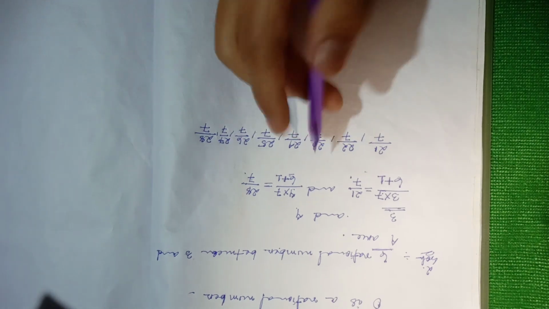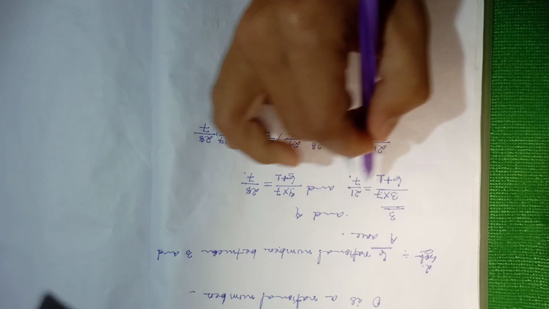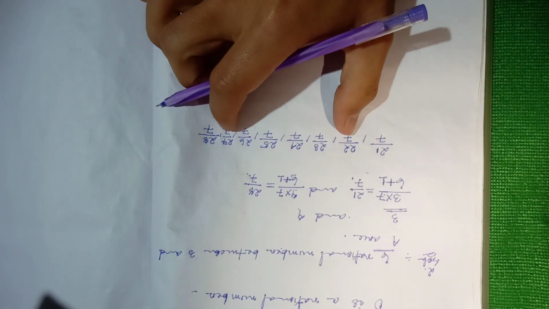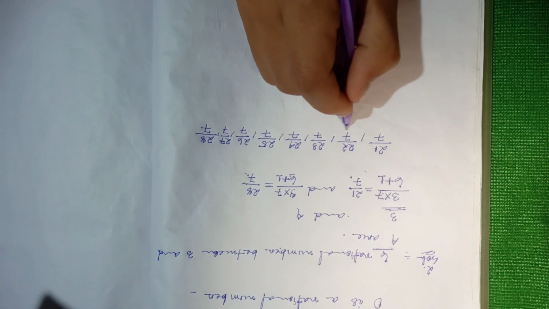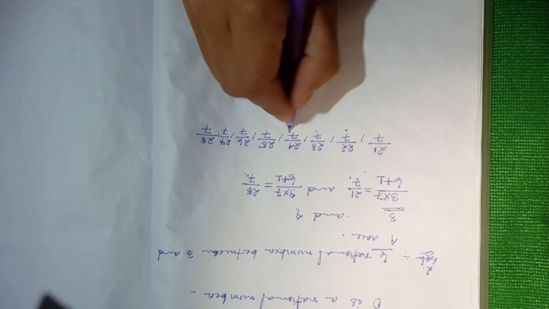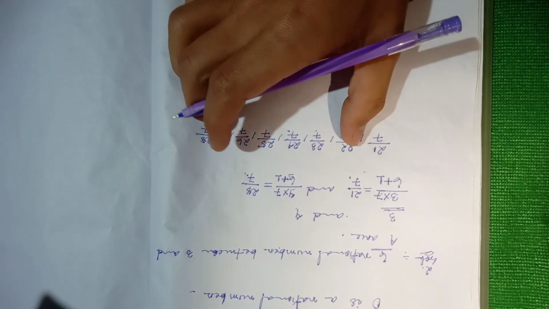We are going to find 6 rational numbers between 21 by 7 and 28 by 7, so you have to pick only those which lie between them.